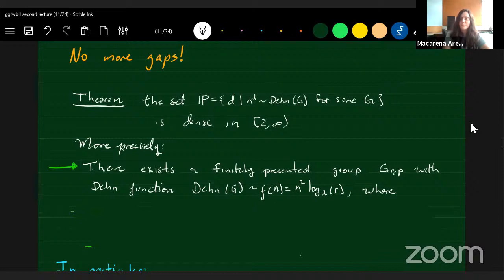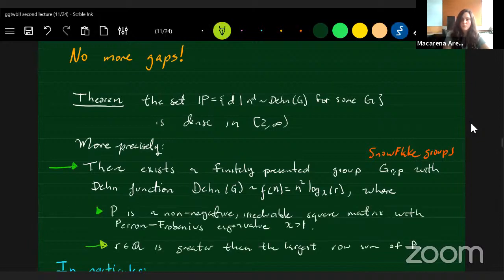There are finitely presented groups, which we know as snowflake groups, whose Dehn function is of this form, where the numbers are described by an irreducible matrix, whose eigenvalue is the base of the logarithm here, and by a rational number r that is greater than the largest row sum of the matrix.